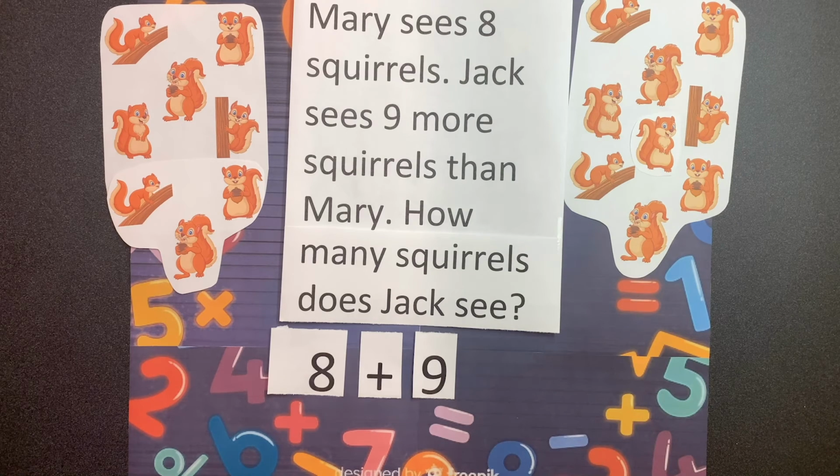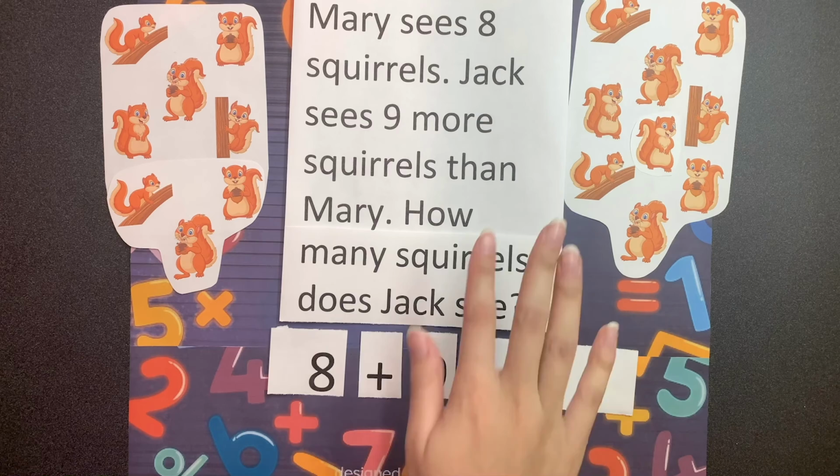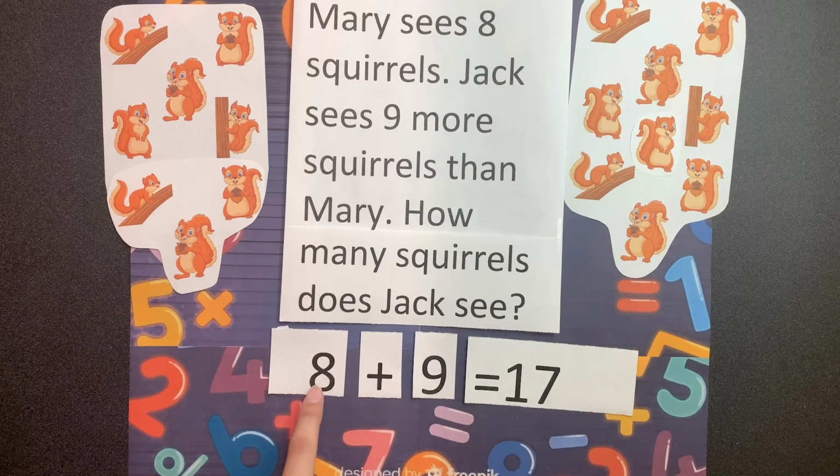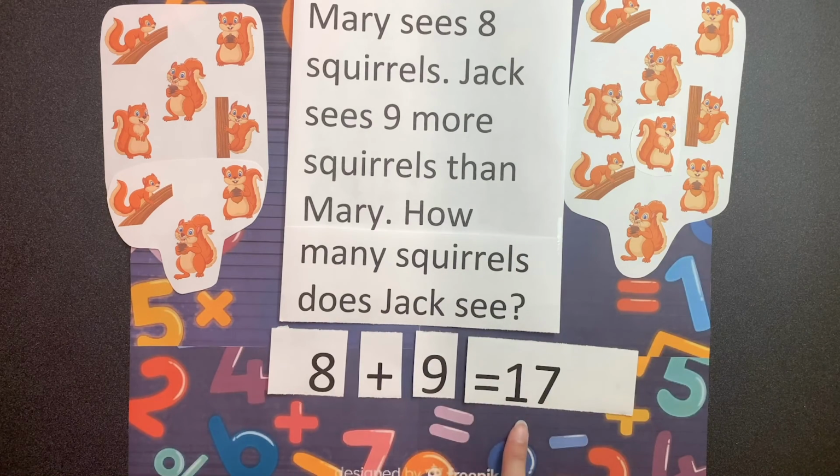So now we know Jack saw 17 squirrels in total. We see that? So now we have our equation from our word problem. The 8 squirrels Mary saw, the 9 more squirrels Jack saw, and all of those equaled up to 17 squirrels that Jack saw. Great job, my friends!